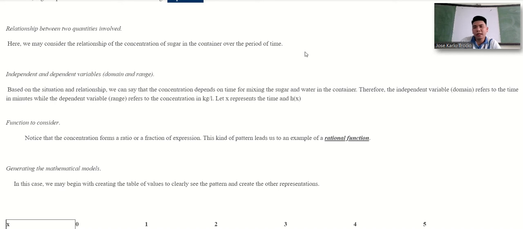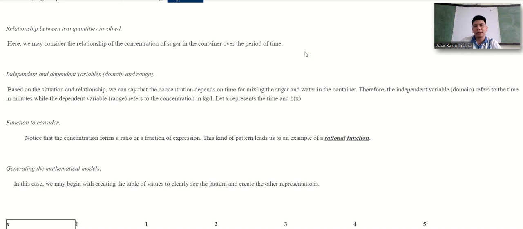So you have independent and dependent variable. This is very useful in your research soon, when you will have your research in grade 12. Dependent and independent variable. When you say dependent, independent variable, let us have another example.